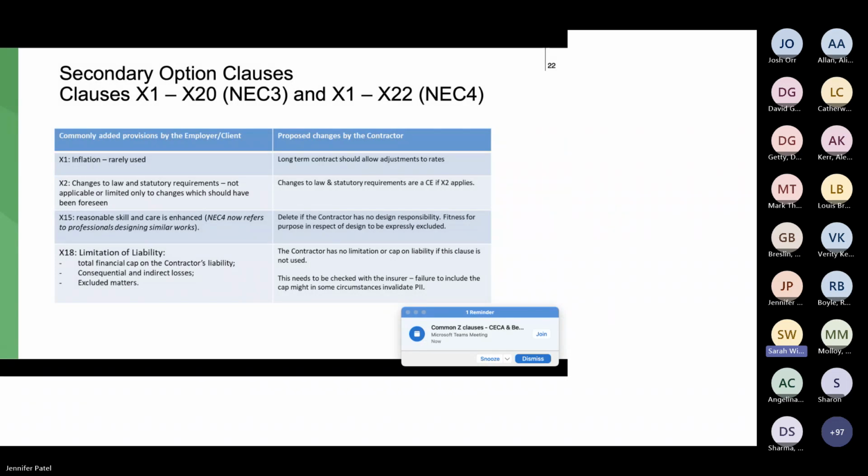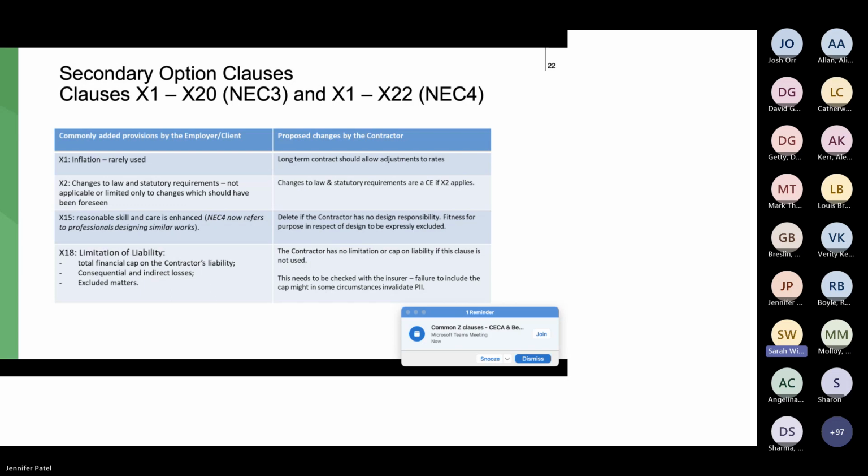So looking at the X clauses, we've got X1, which is about being paid for inflation increases. Up until recently, it's rarely been used. It's still not used massively in my experience, but long-term contracts in particular should really have some form of inflation provisions. X2 covers changes to the law and statutory requirements.